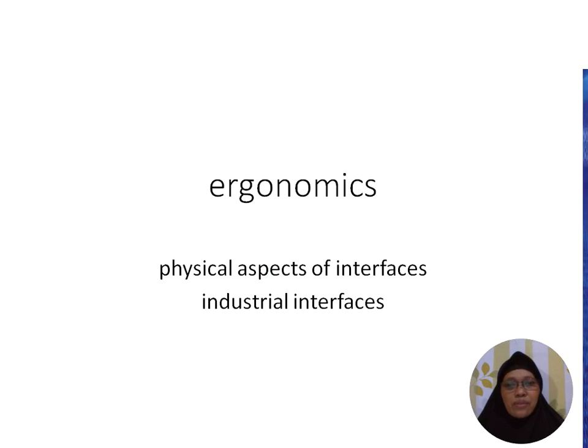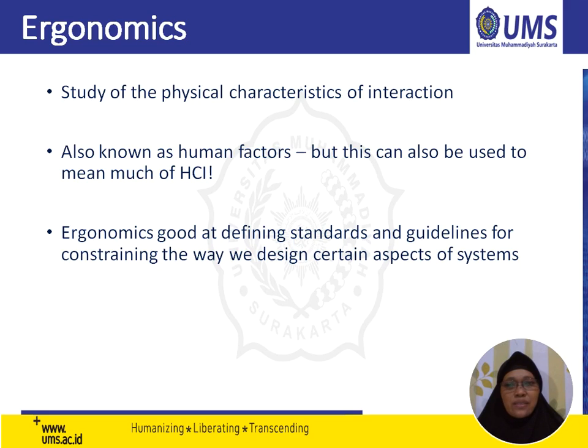Okay, and the next is ergonomics, the physical aspect of the interface. Ergonomics studies the physical characteristics of interaction and what the best standard or guideline for our interaction is.